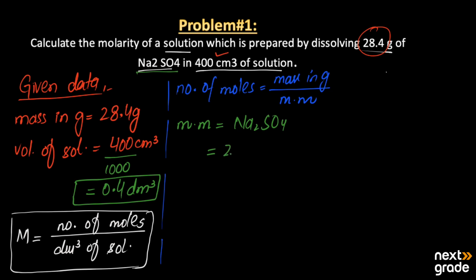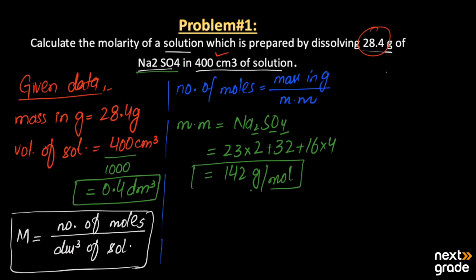Sodium's atomic mass is 23, multiplied by 2, plus sulfur, whose atomic mass is 32, plus oxygen, whose atomic mass is 16, multiplied by 4, the total number of atoms. We have 142 gram per mole. That is the molar mass of sodium sulfate. Now we have to find the moles.